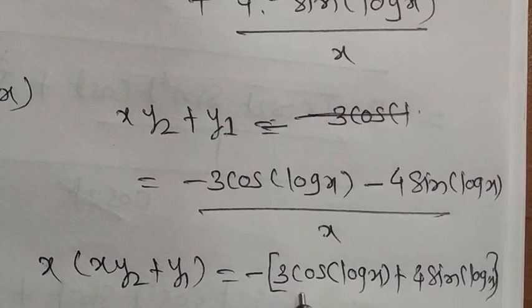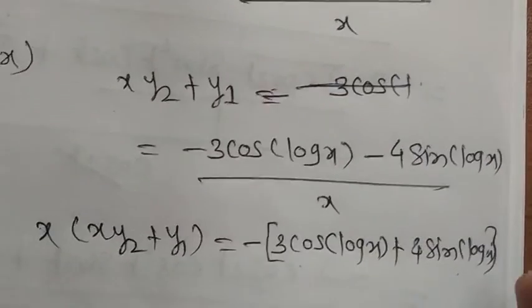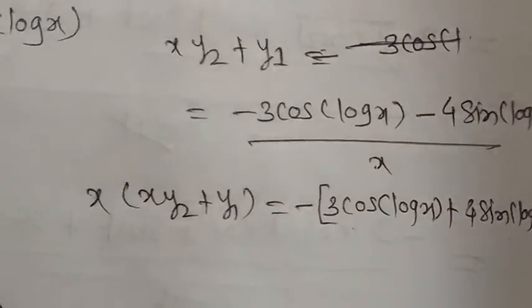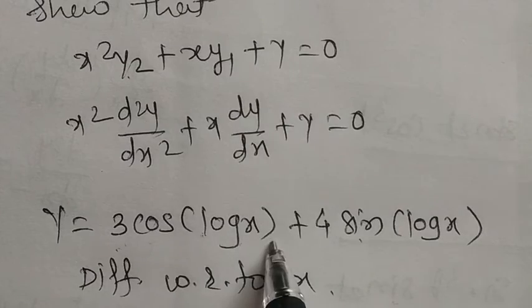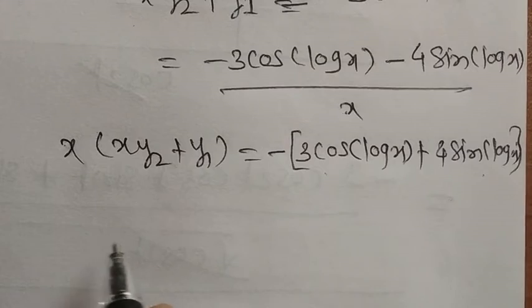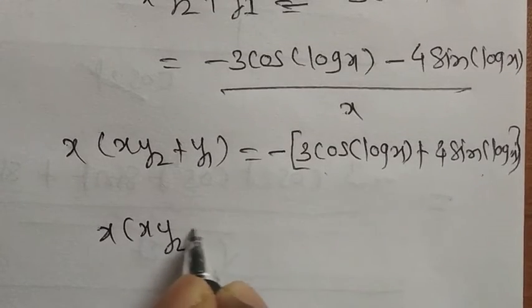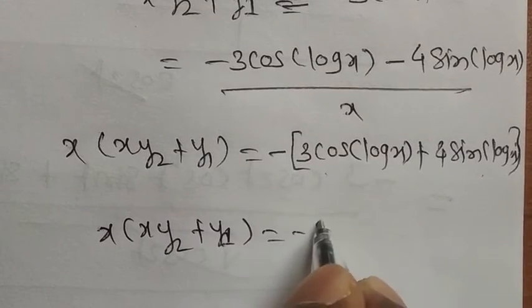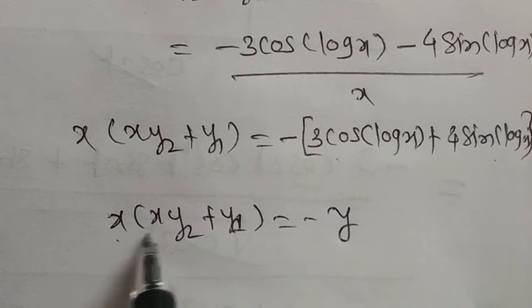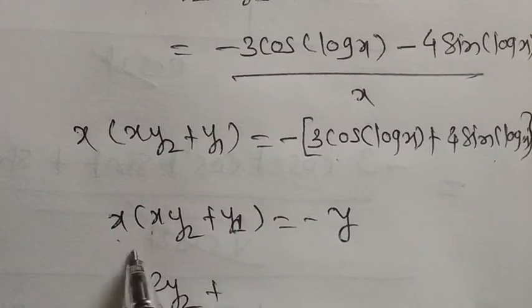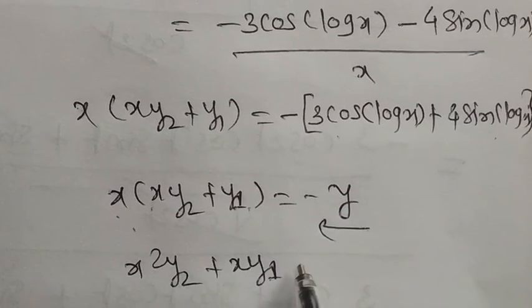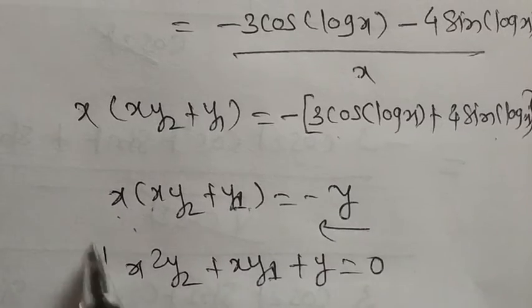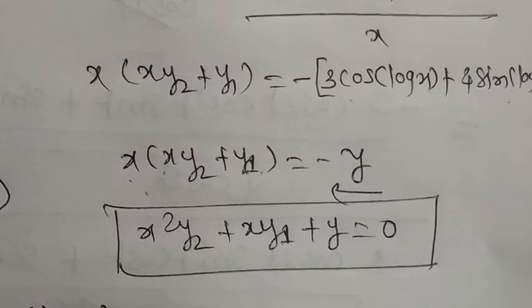Now check, this is your y, because your y is 3 cos log of x plus 4 sine log of x, the same term is here. So we can write x y2 plus y1 is equal to minus y, multiply by x, x square y2 plus x y1, and this y shifting here, plus y equals 0, and this is your main term.